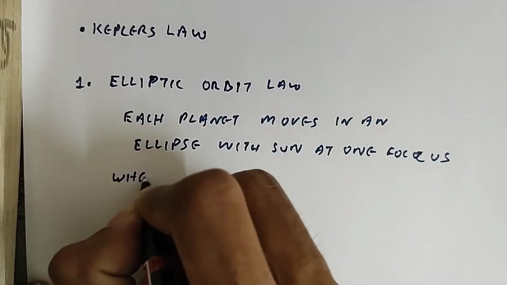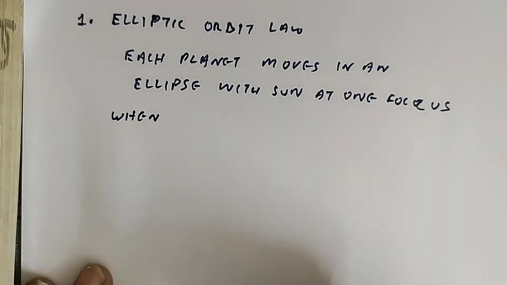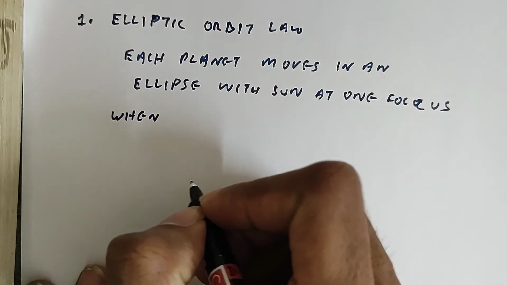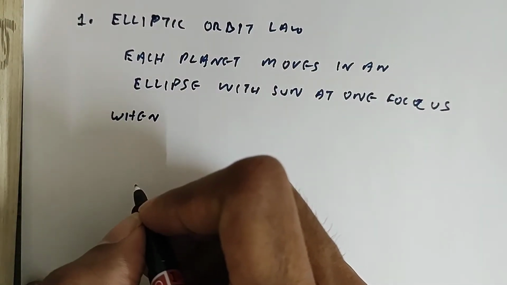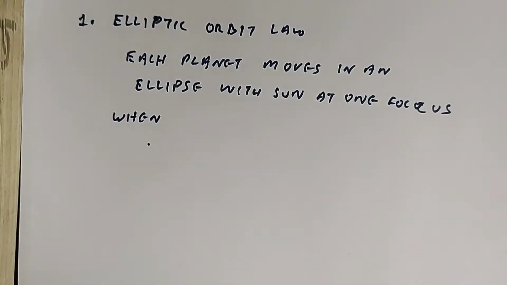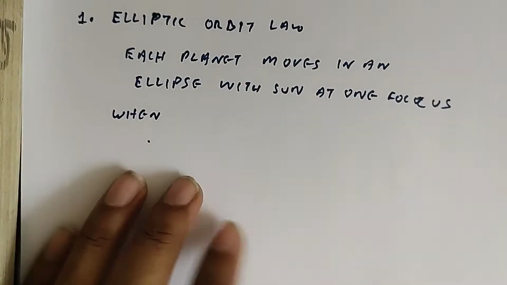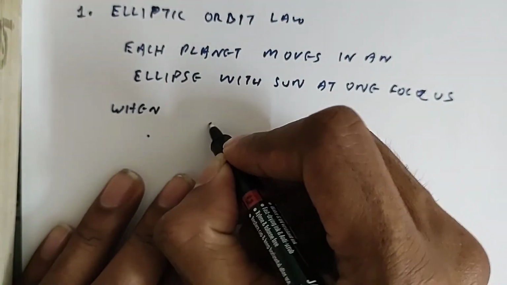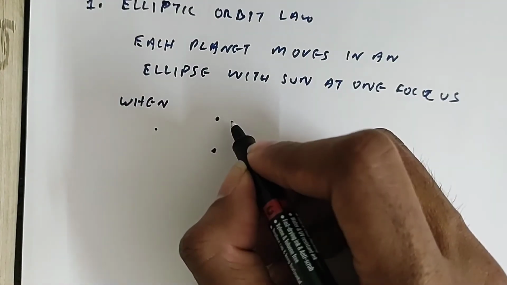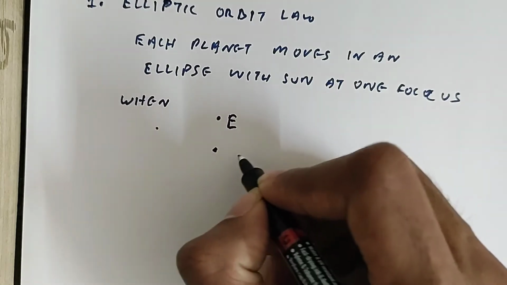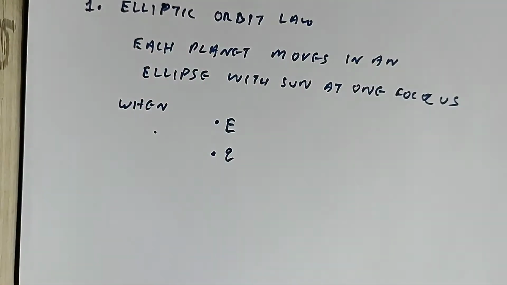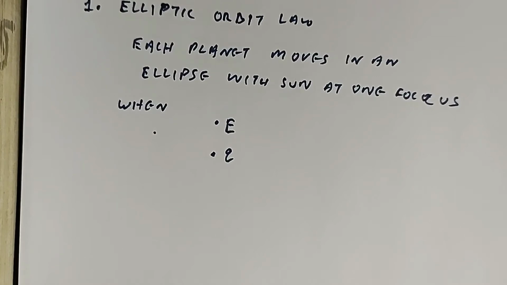So when this elliptic condition arises, I'm going to describe this orbit in terms of two important things, which are energy and epsilon. That's what we want, because all our equations can be broken down into these two quantities. Angular momentum, of course, can be written in all the states, but we currently are not interested in that.